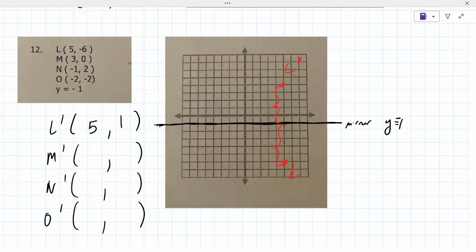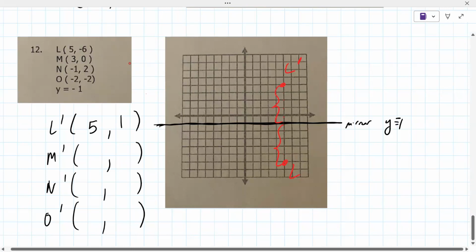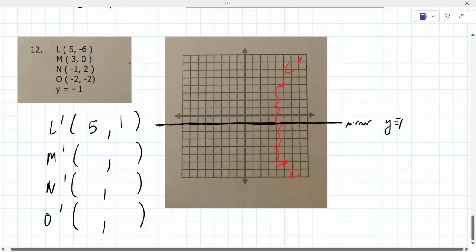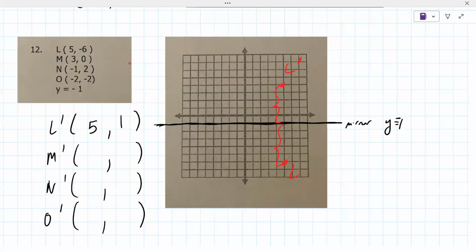Do you want to change your answer? Okay. What is L prime now?